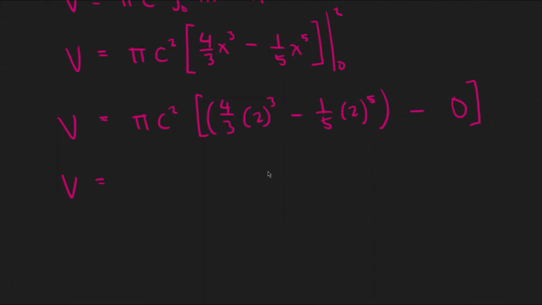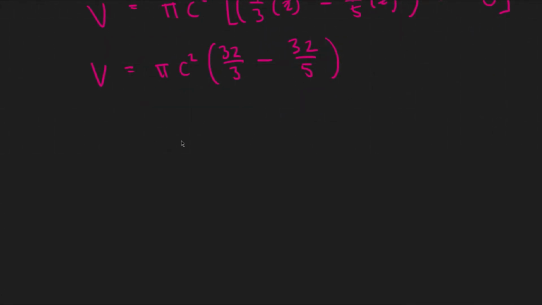Moving on, v equals pi c squared. 2 cubed is 8. So this is going to be 32 over 3 minus 2 to the 5th is 32. And this is going to be 32 over 5.